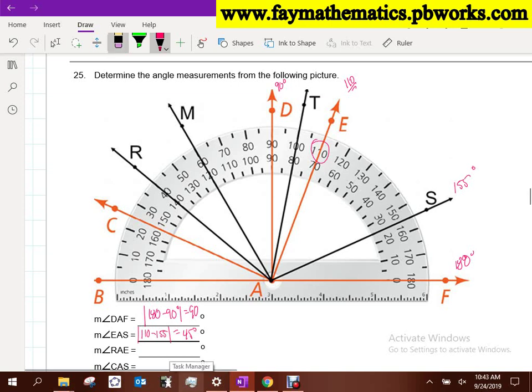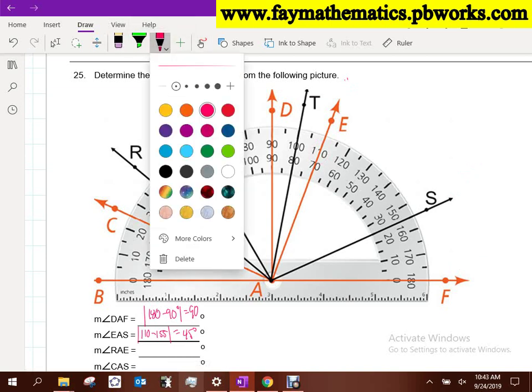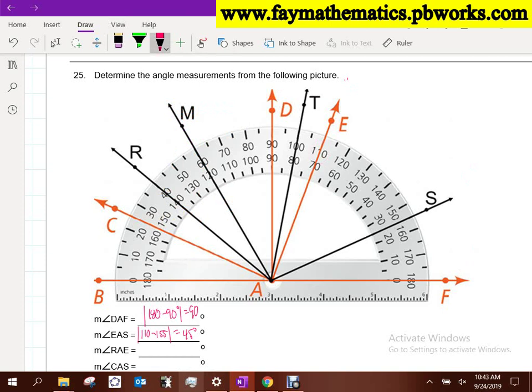I'm going to do the same thing for RAE. R is going through, using this top row again, 40. A to E, E is going through 110 on the top row. So I'm going to go 110 minus 40, and it doesn't matter the order because we're taking the absolute value. So it's going to be 70 degrees.